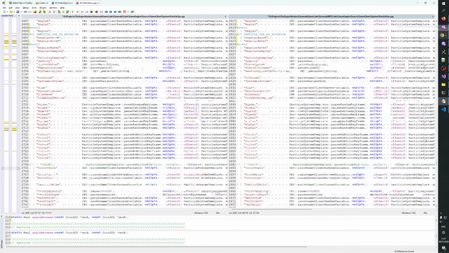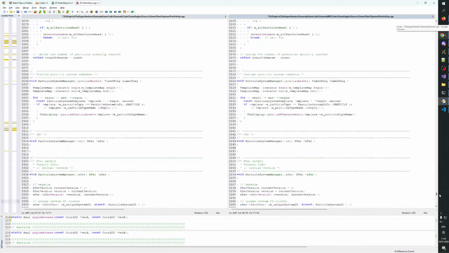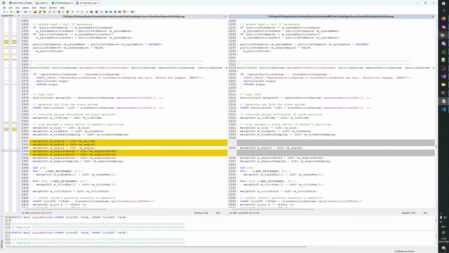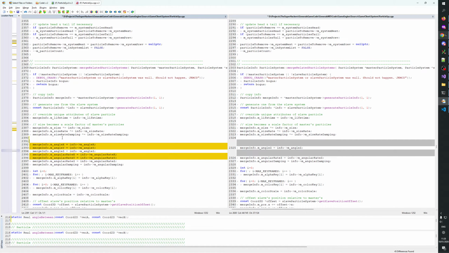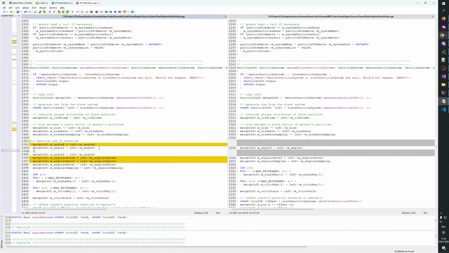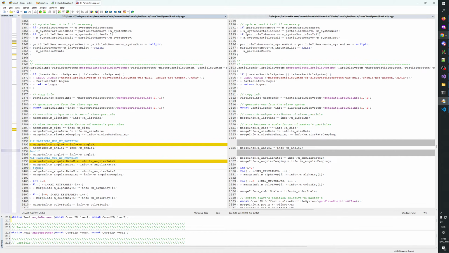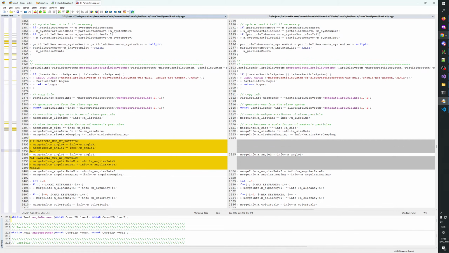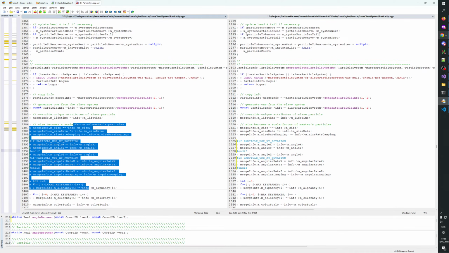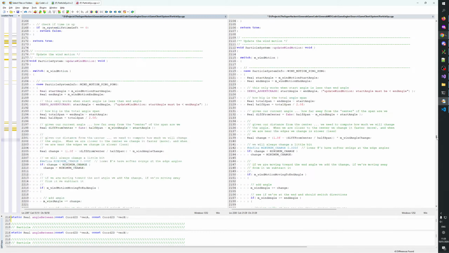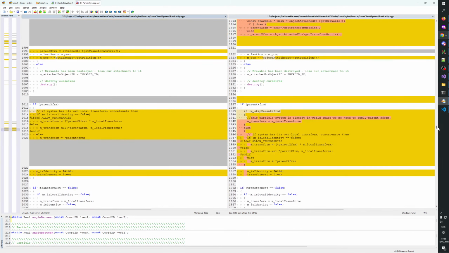Okay, what else do we have? Merge info. And if okay.